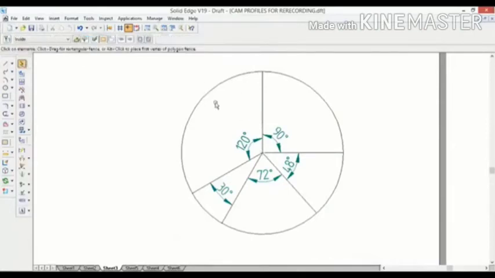Now the outstroke, we divide it into 6 equal parts. So 120 degree we need to divide further into 6 equal parts. So 120 divided by 6 means every 20 degree we need to measure. So divide it into 6 equal parts.